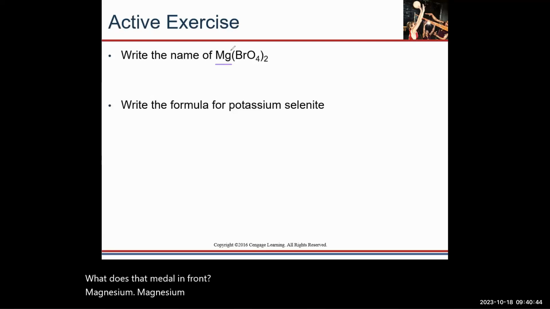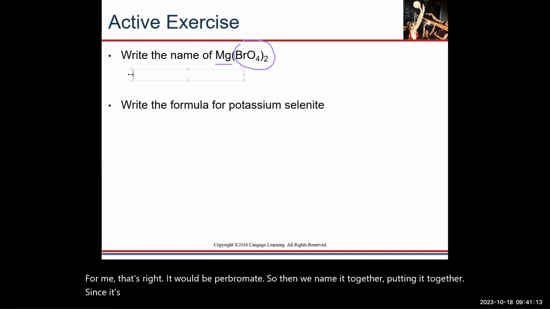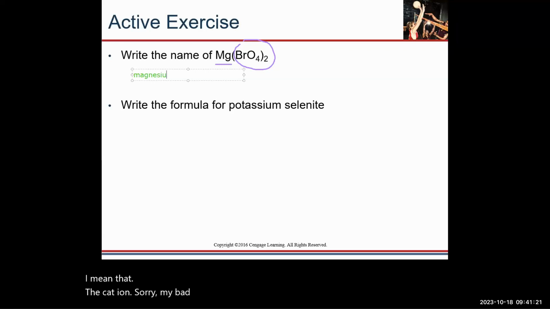And then what is this ion called? Bromate? Would it be perbromate? That's right. It would be perbromate. So then we name it together. Since it's an ionic compound, we just use the cation, magnesium, and then the anion, perbromate.